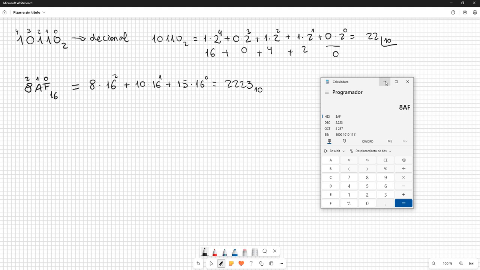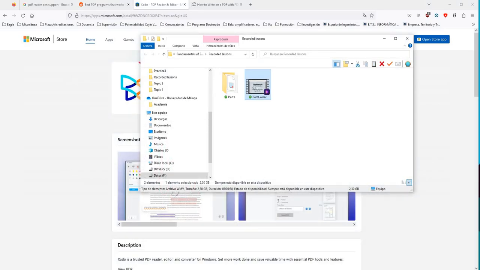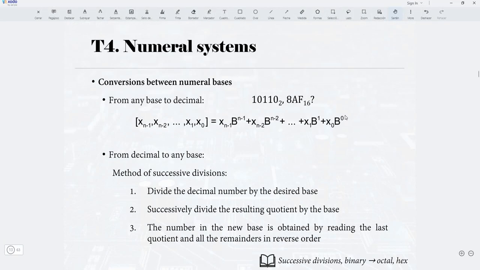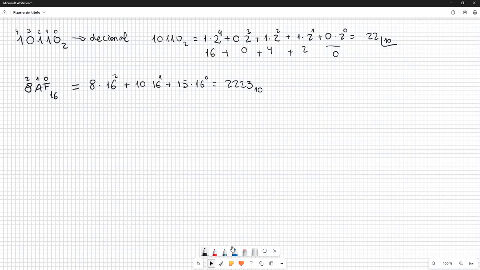Okay, so now we are going to see how to convert from the decimal base to any other base. We have to use the method of the successive divisions. I'm going to show you how this method works. So for example, we are going to convert 13 in decimal to binary.